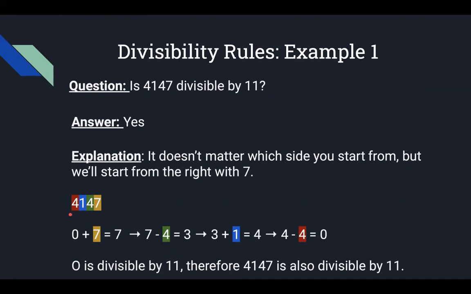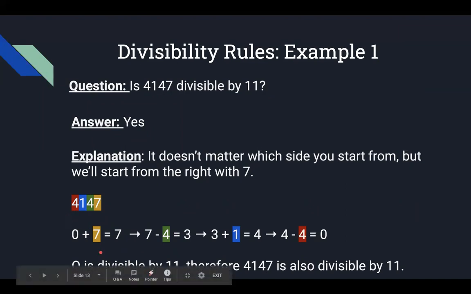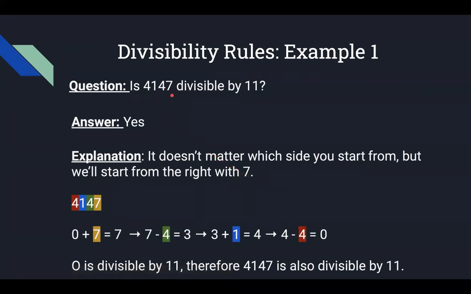And after you do all of that, you get the answer of 0. Hang on one second. Yep, you get the answer of 0. So that means that 4,147 would be divisible by 11. Does that make sense? Or would you guys like another example?